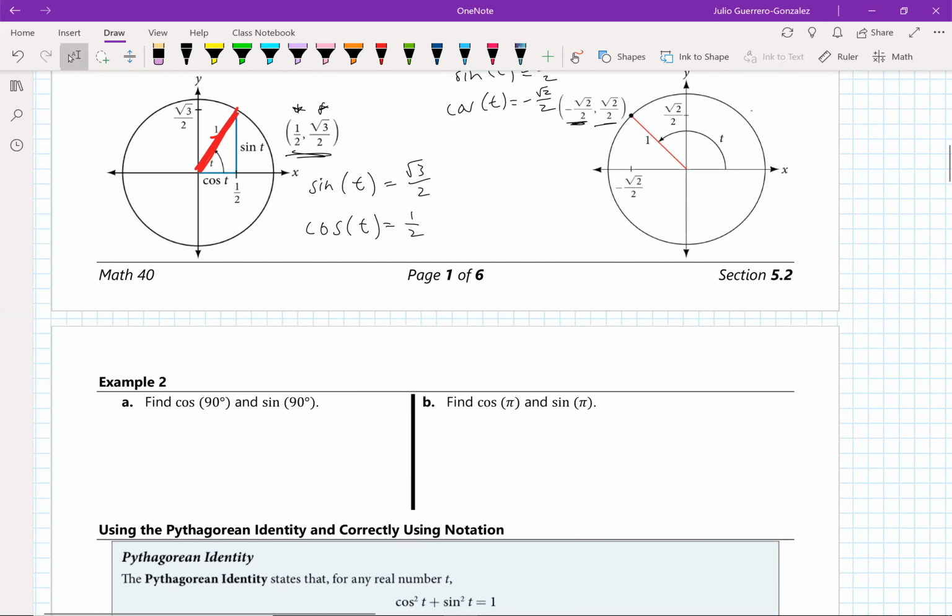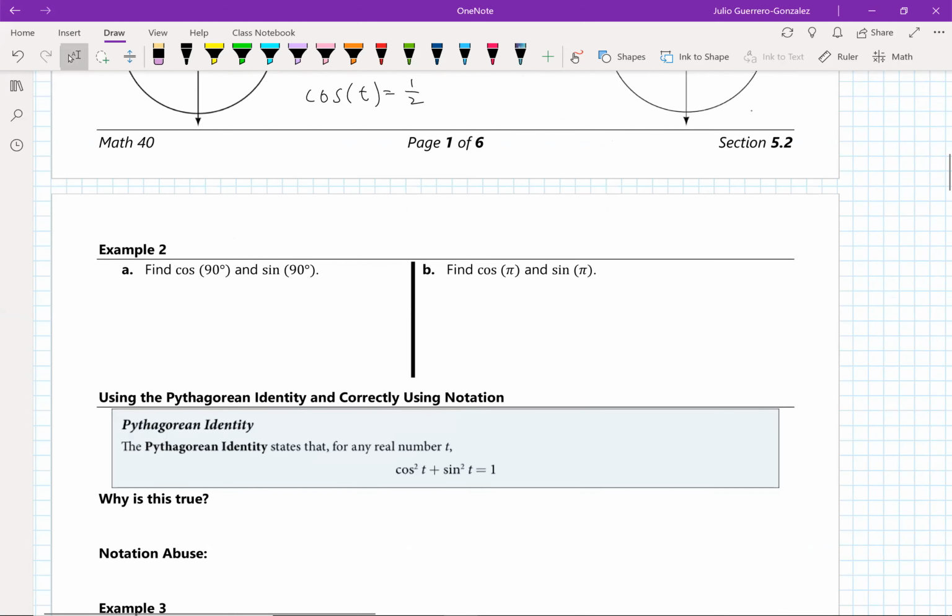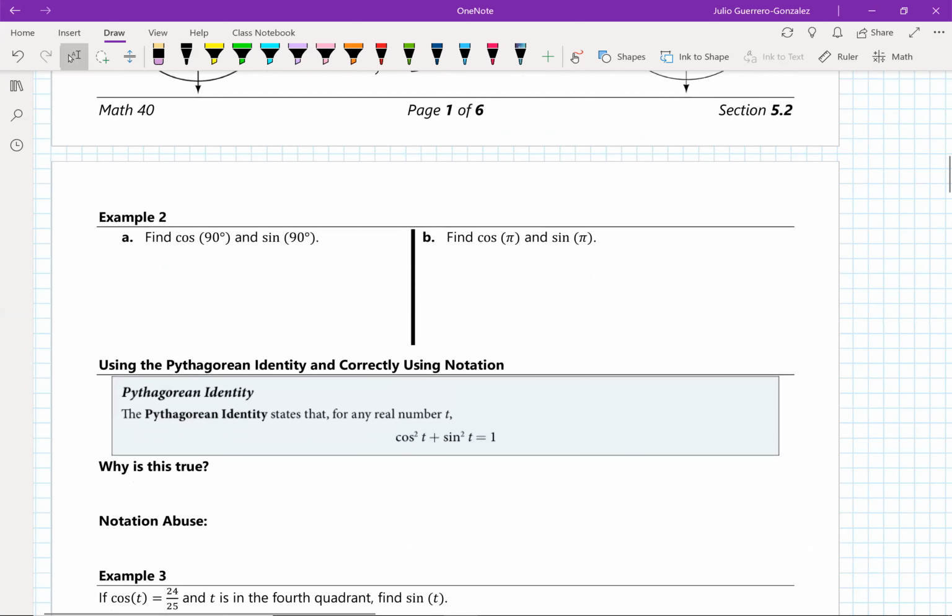So let's go ahead and do 2 more. Okay. Cosine of 90 and sine of 90. We all know where those are. So if we have our unit circle, let me actually. Whew, there we go. So we all know where 90 degrees is, right?